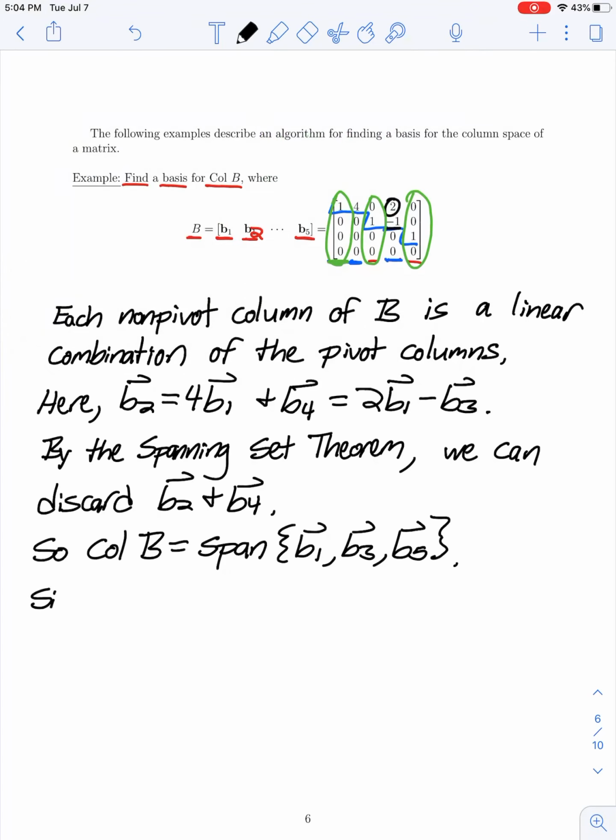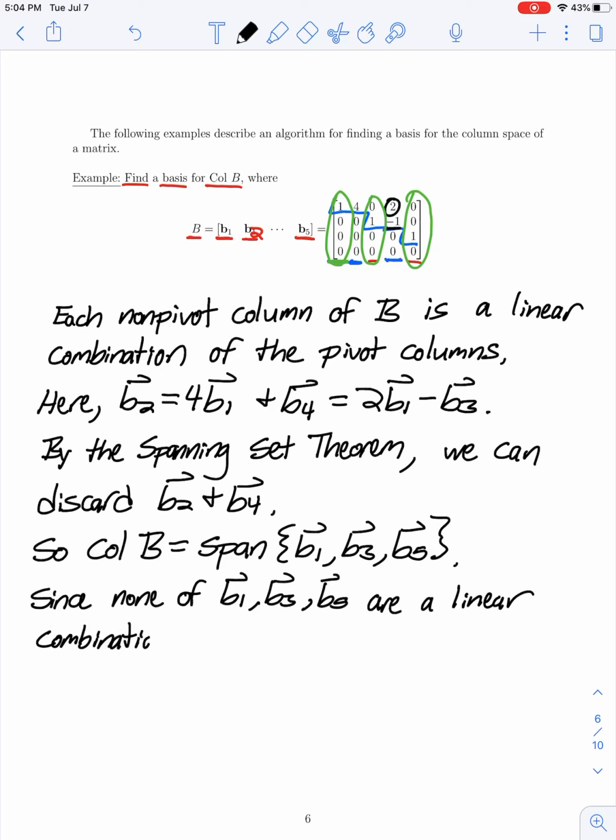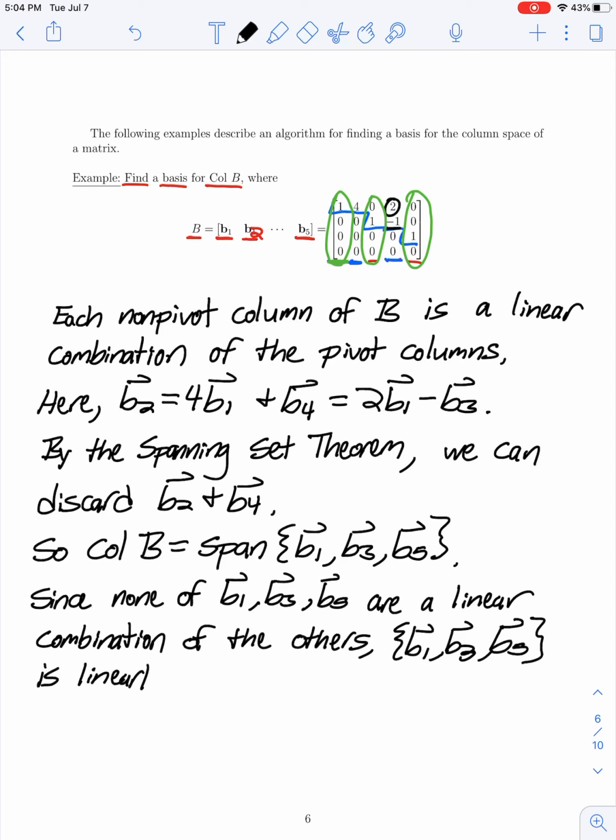Therefore, since none of the vectors B1, B3, and B5 are a linear combination of the others, the set B1, B3, B5 is linearly independent.